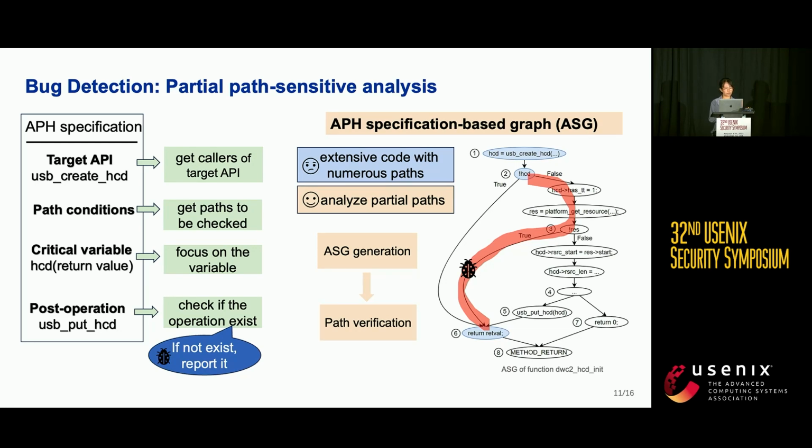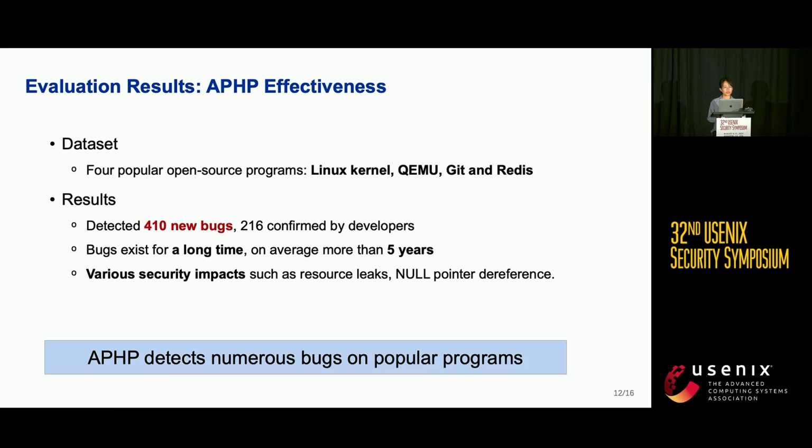Next, we go to the evaluation. We evaluate the tool on 4 popular programs. From the bug reports generated by APHP, we manually confirm 410 new bugs. These bugs, on average, have existed for over 5 years and can cause various security impacts. We also submit patches to fix these bugs, and about 200 patches have been accepted so far.